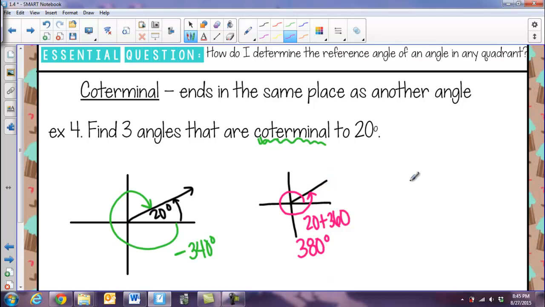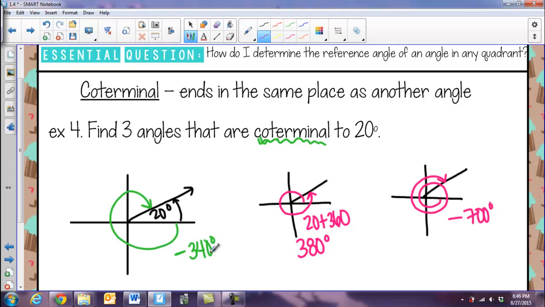I could continue adding 360 and get that angle measure. But I could also go counterclockwise and then go one more time and make a big old snail. Again, if I'm going clockwise, which means I have a negative angle, and I add 360 to 340, that gets me 700, and I went in the negative direction.